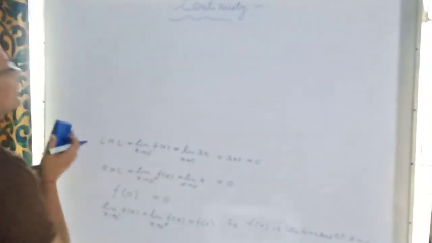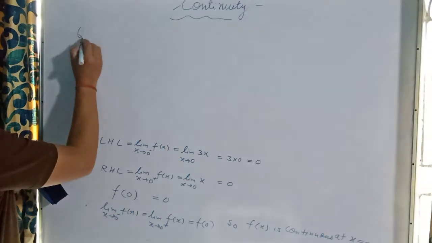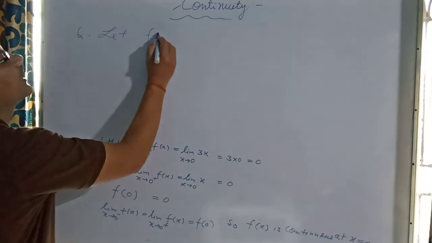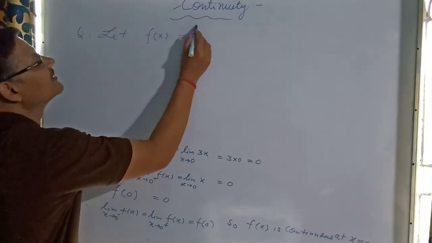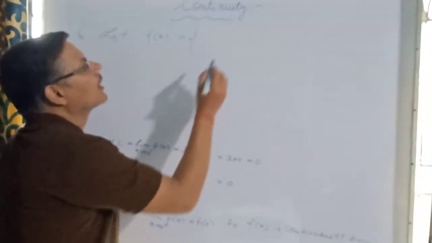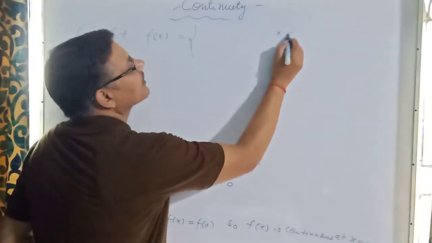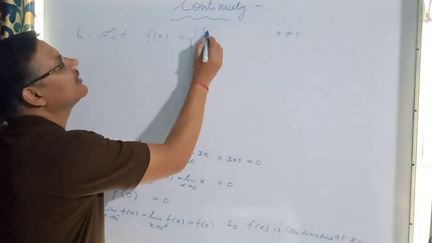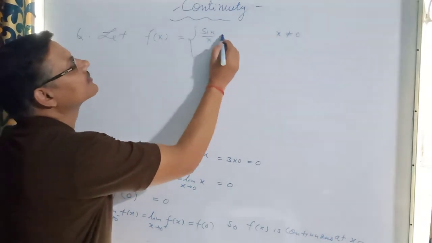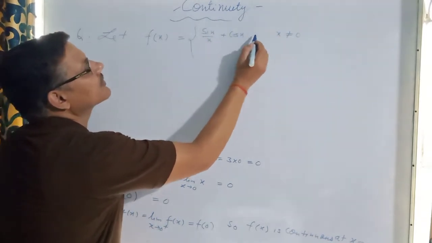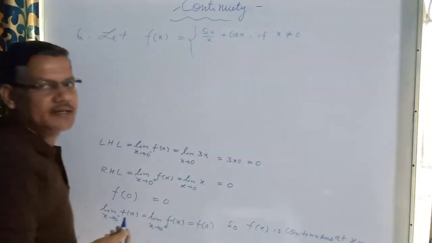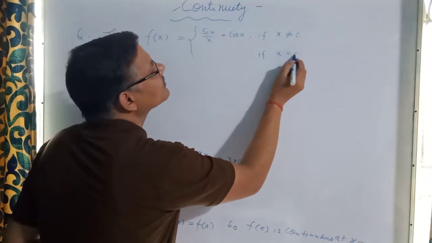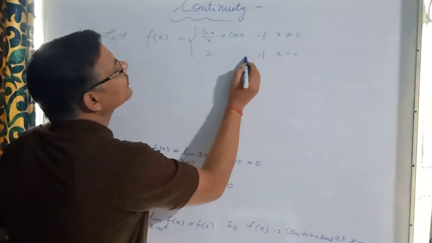Here we are going to take a question: let the function f be defined as sin x by x plus cos x when x is not equal to 0, and when x is equal to 0, its value is 2.